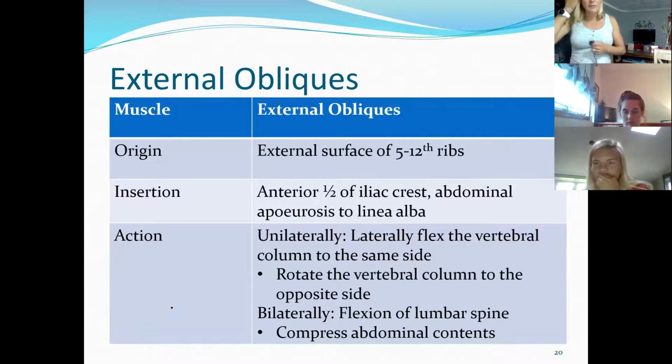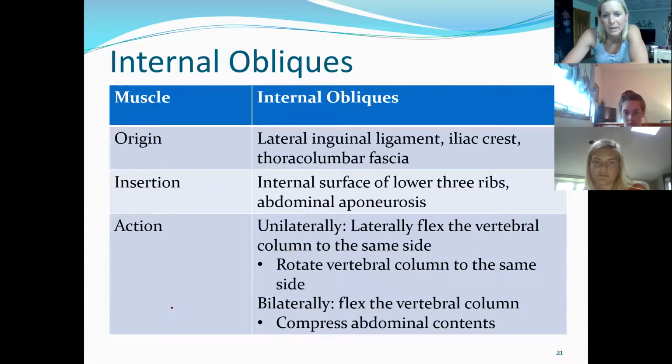If you think about the fiber arrangement, it's the same here as it is down here. They're both diagonal, making a V shape. So they have the same actions, just different location, okay? So sternocleidomastoid is going to do the same thing in the neck as what external obliques do in the lumbar region, okay?